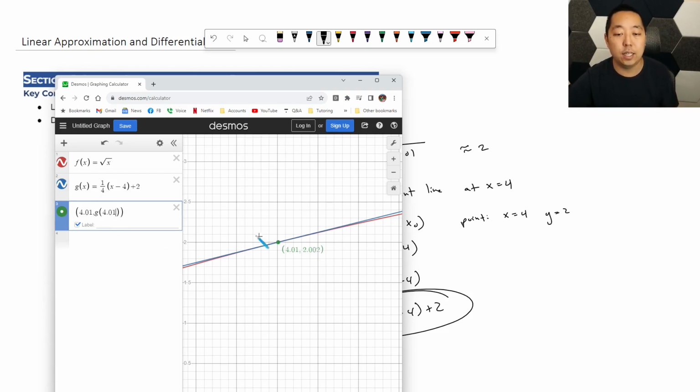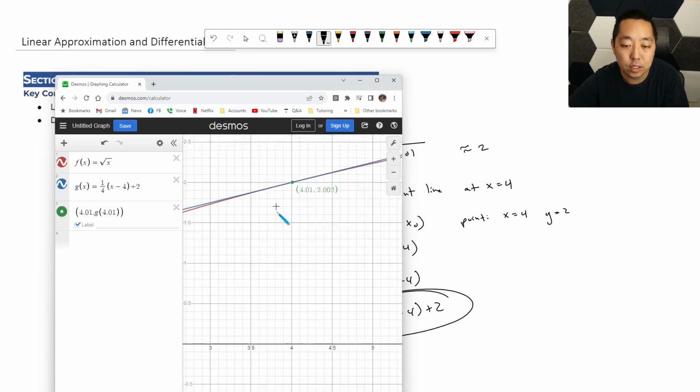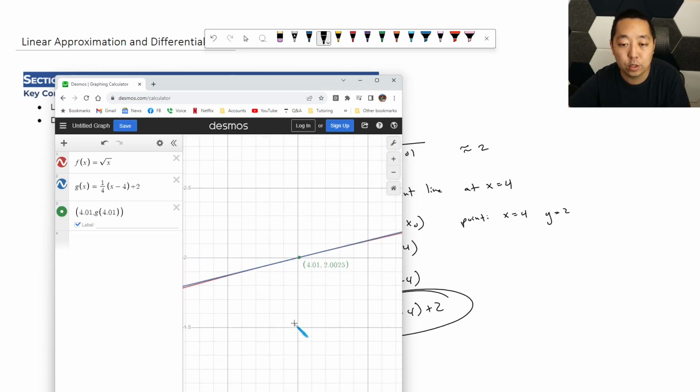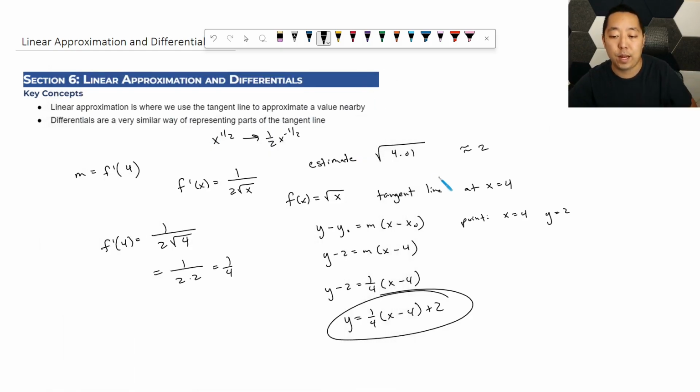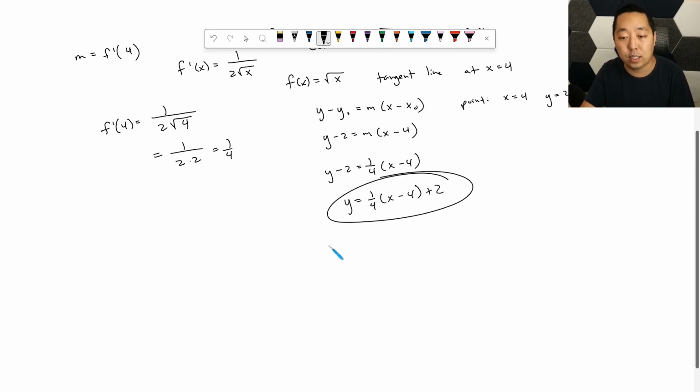Let's plug that into the calculator. 4.01 is very close, because the function and the tangent line look very close to each other, so it's basically going to be about the same amount, right? So then I just plug x equals 4.01 into my tangent line equation.